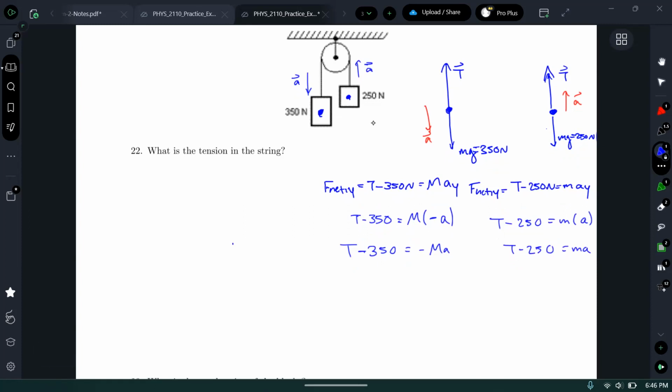And so I need to eliminate acceleration. So I could solve for it in one and substitute it into the other. Maybe I'll do that. So this equation on the right, T minus 250 over m, the mass of the little block, is equal to the acceleration.